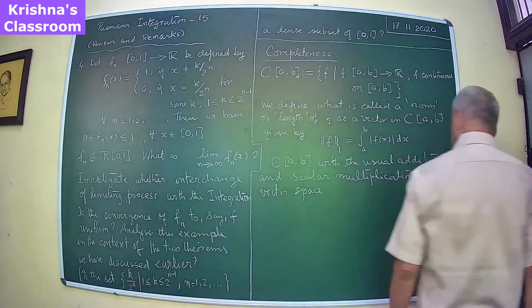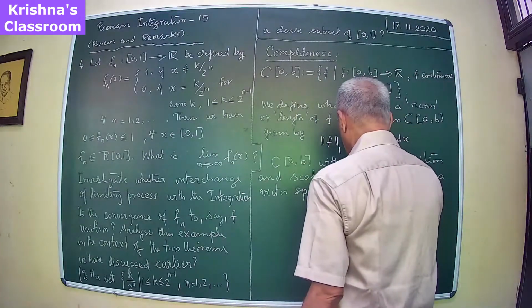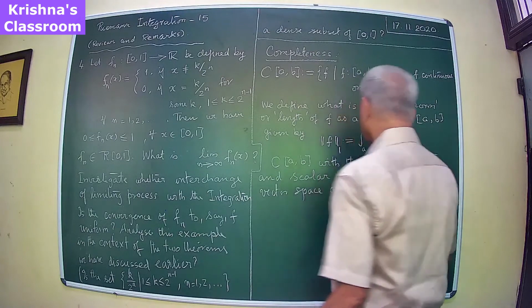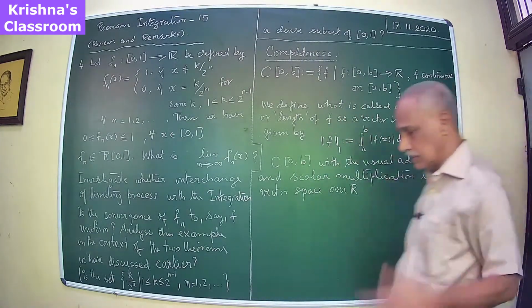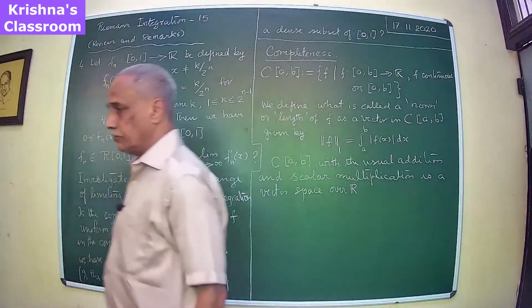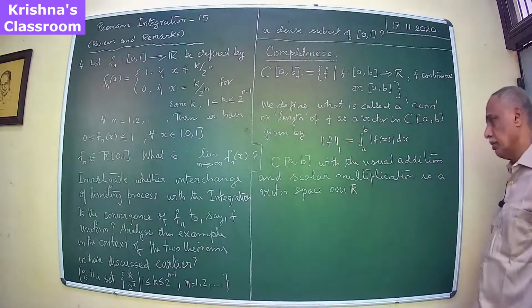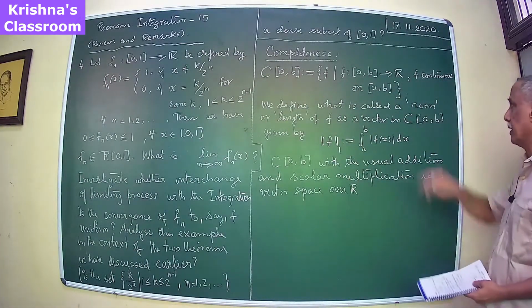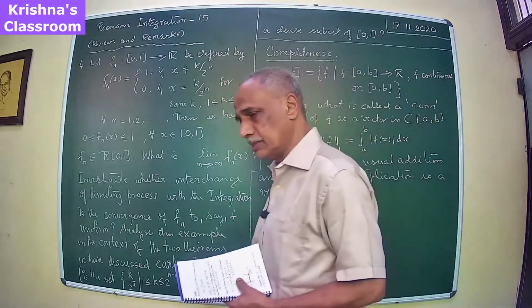It's a vector space over R. If you are dealing with complex valued functions, then of course we can take the field to be C. It's a vector space over C also. Anyway, we are right now concerned only about real valued functions, therefore it's a vector space over R.